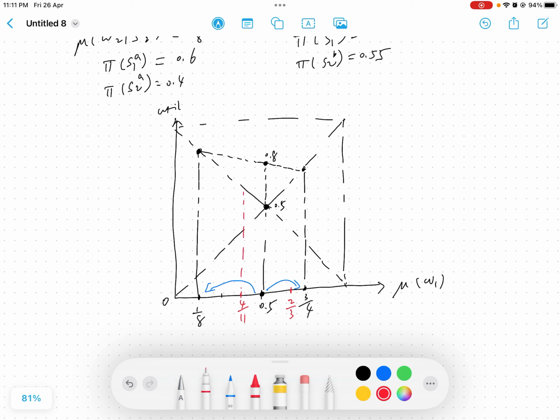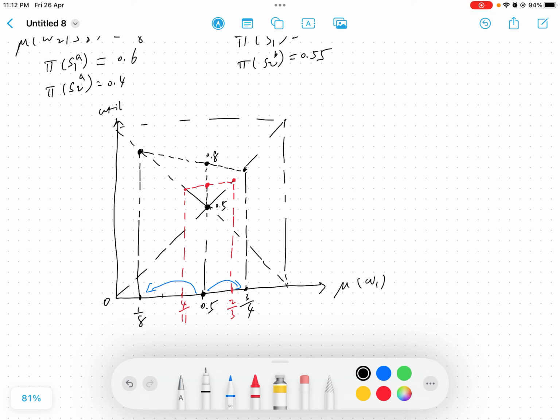We connect those lines, and suppose we have those crossing points here, and we connect those two points and get this value. Actually we can calculate this value. It's not hard to calculate. Let's do that.